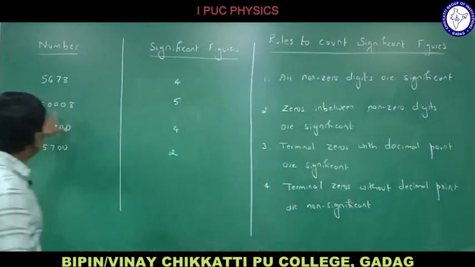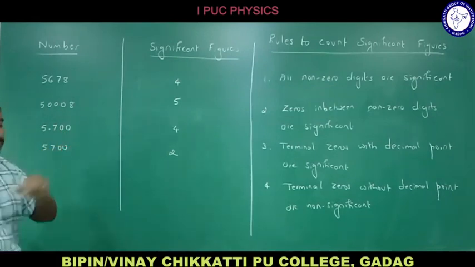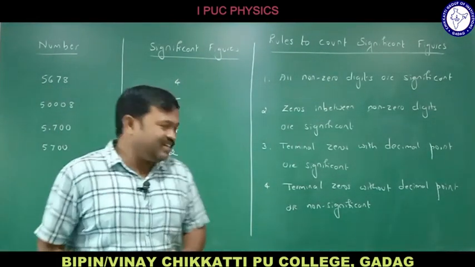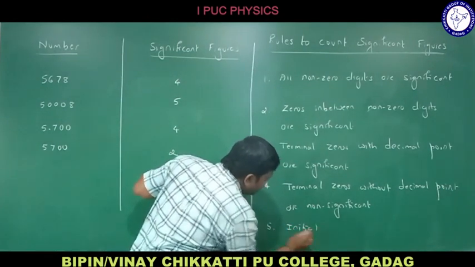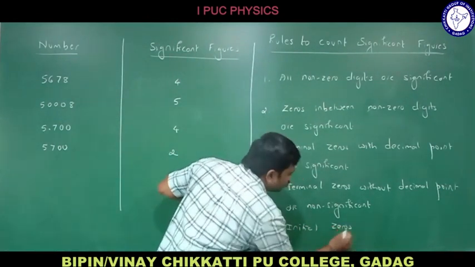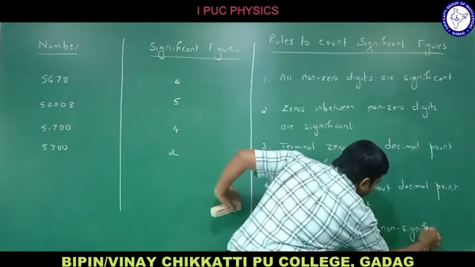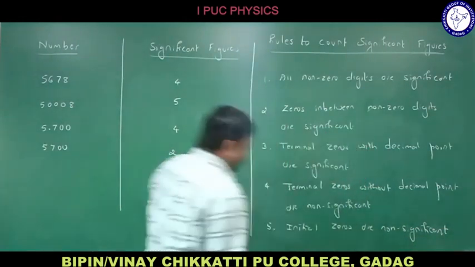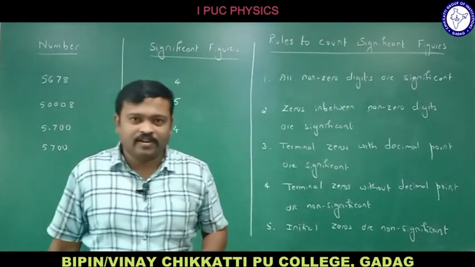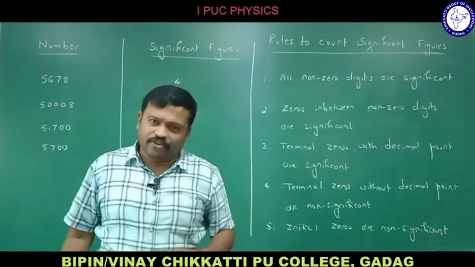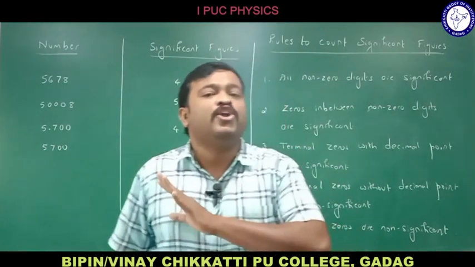I spoke about middle zeros, then terminal zeros. Now I will be speaking about initial zeros. The fifth rule is that initial zeros are non-significant. If zeros are at the initial place of the number, then they are non-significant.